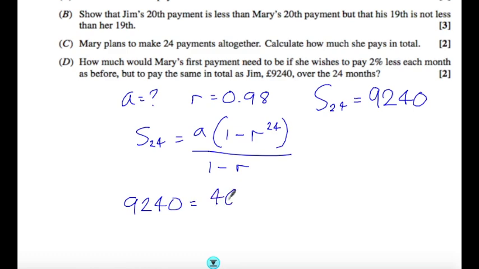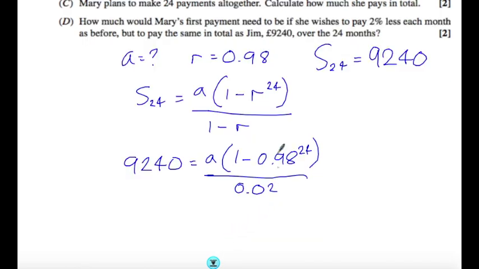A we don't know, so we leave that there. This is going to be 1 minus 0.98 to the 24, all over 1 minus 0.98 on the bottom, which is 0.02. So all we need to do now is solve this equation. So I can do 9,240 times by 0.02, which is 184.8.